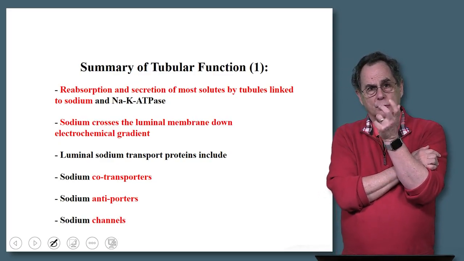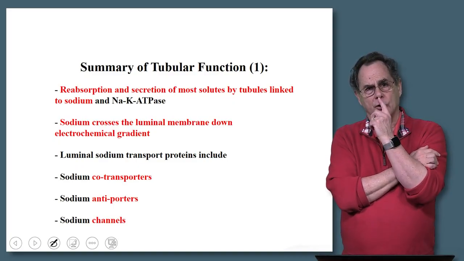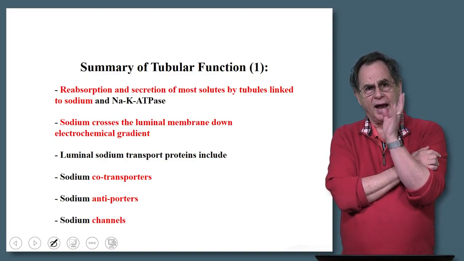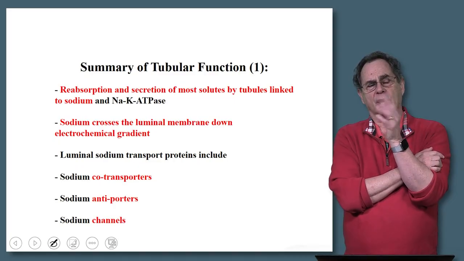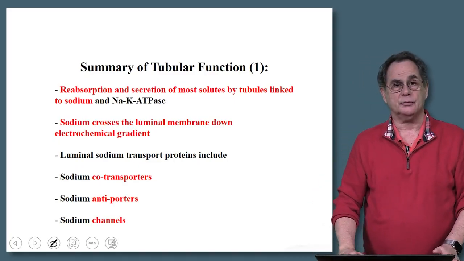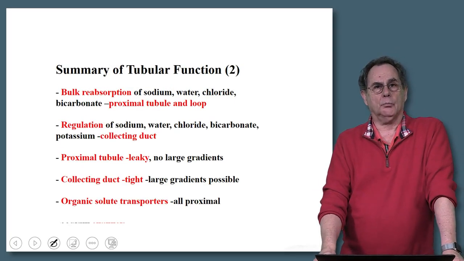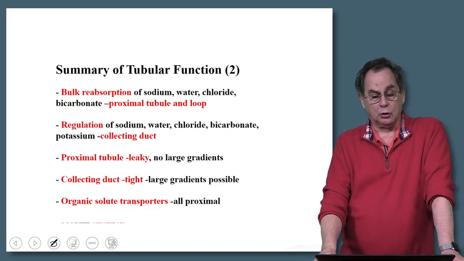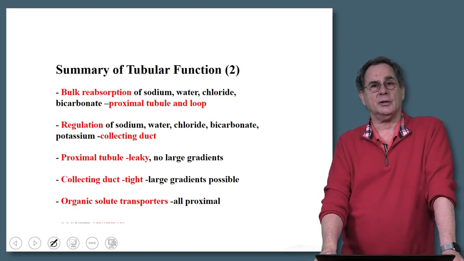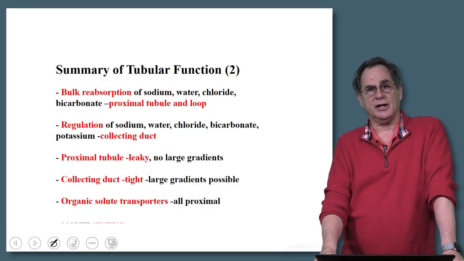Luminal sodium transport can occur with cotransporters, antiporters, and with sodium channels. Bulk reabsorption of sodium, water, chloride, and bicarbonate is dominated by the proximal tubule and the thick ascending limb of the loop of Henle.